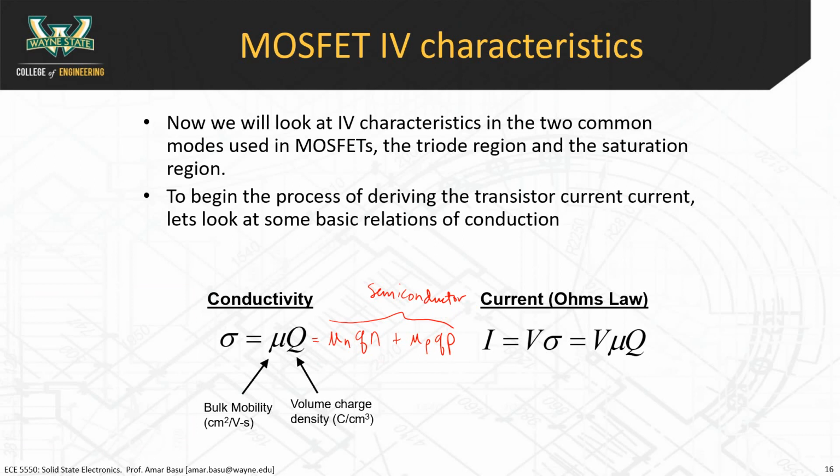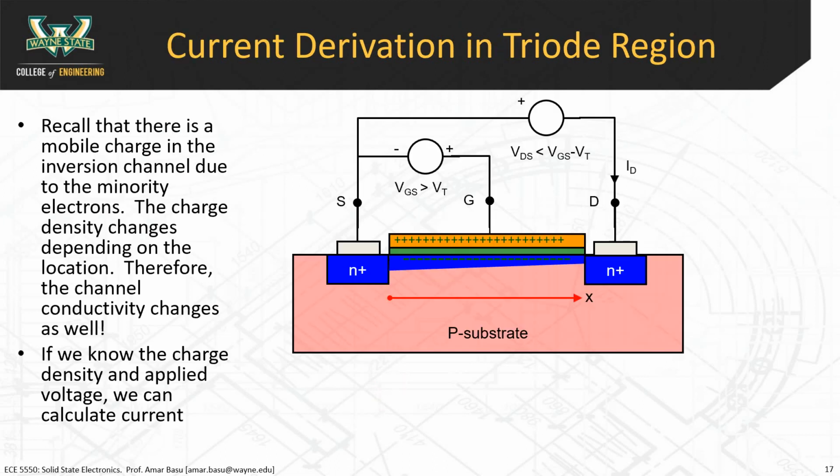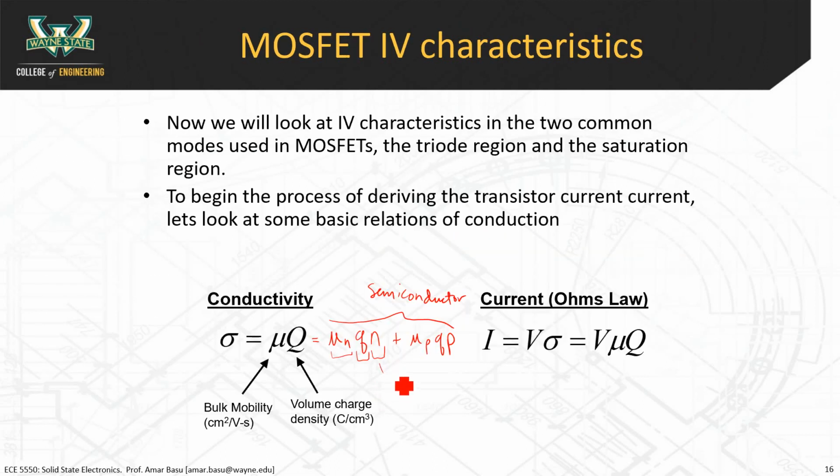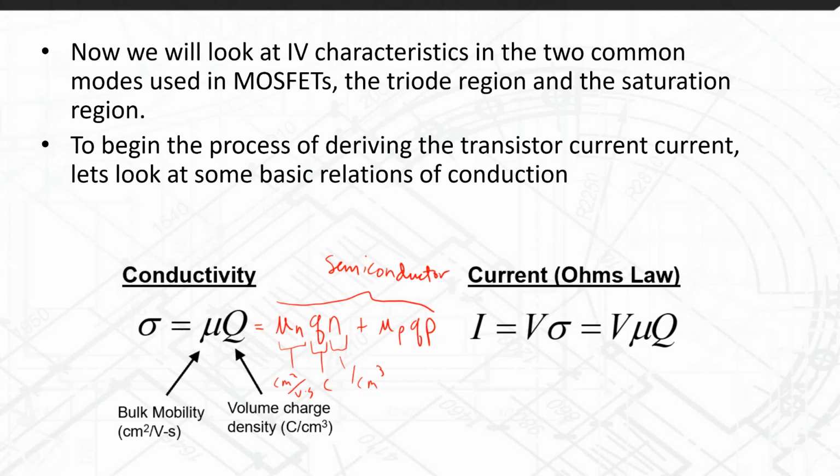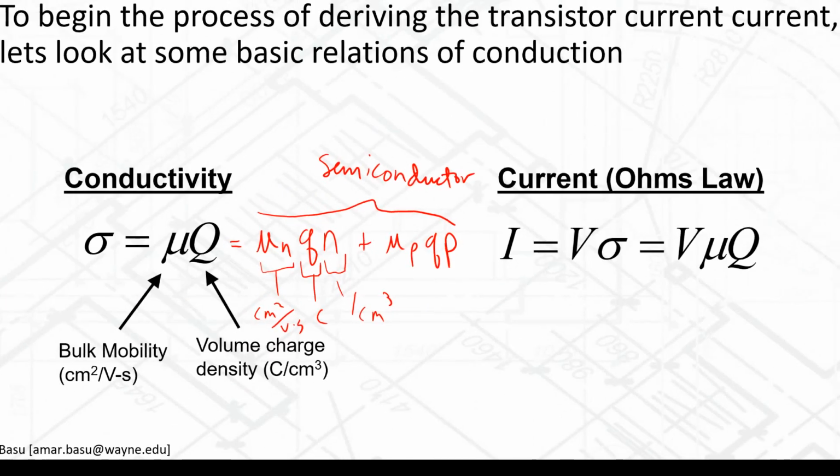What did this look like? This is the mobility of electrons, this is the charge of an electron, and this is the concentration of electrons. The units were 1 over centimeter cubed, coulombs, and centimeter squared per volt second.